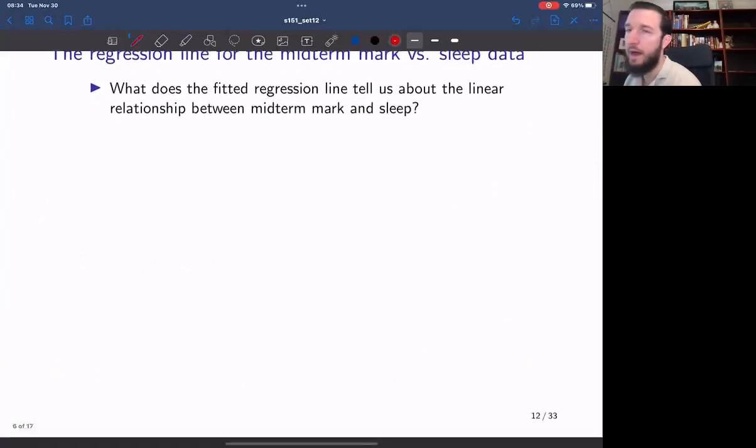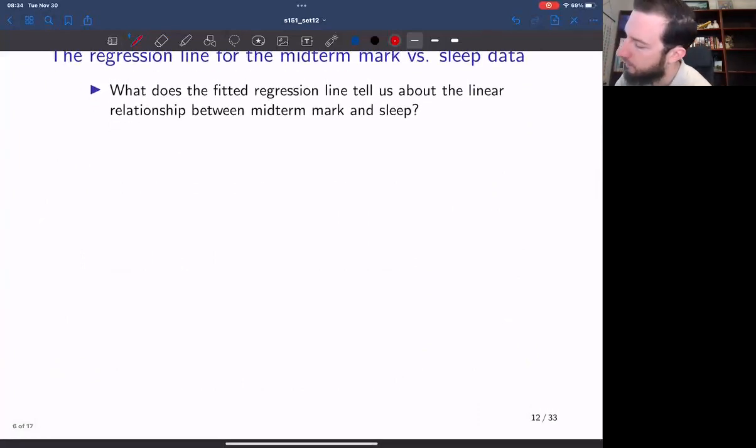Okay, so what does our regression line tell us? So we had b0 is equal to 39.221.